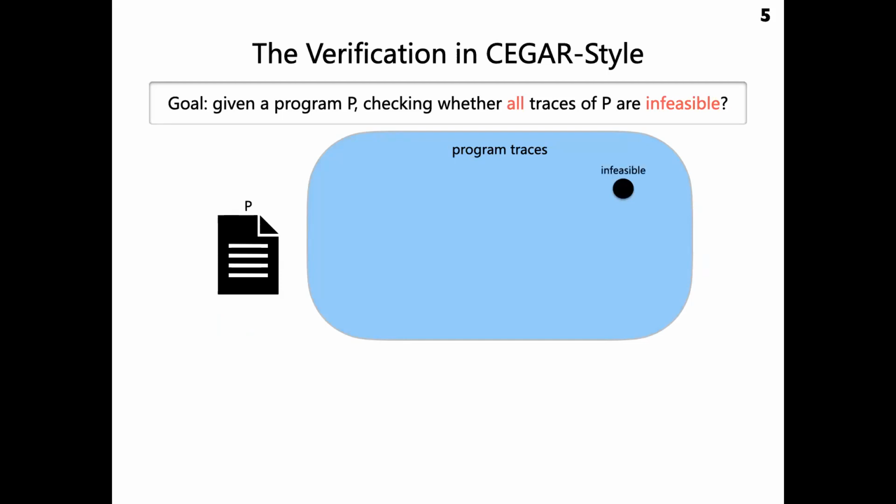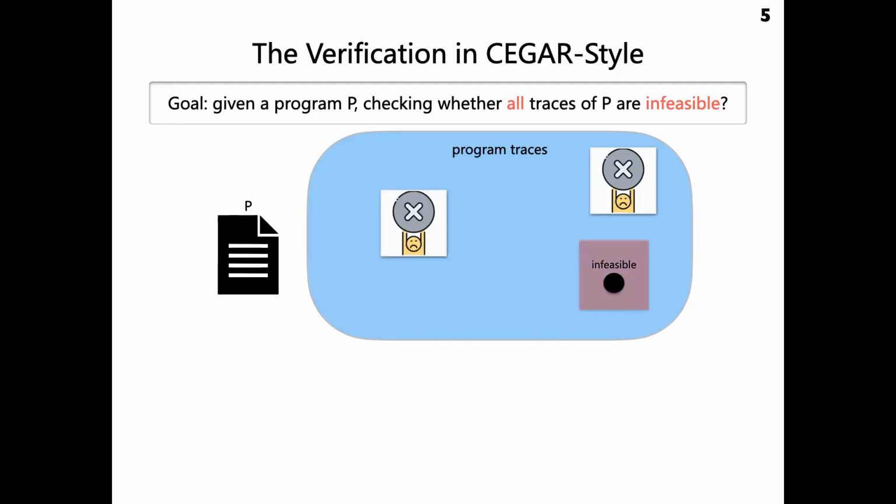If it is infeasible, then we can deduce a set of infeasible traces. Next time, we extract a trace outside of this area to check its feasibility. If it is infeasible again, we generalize and repeat this process until all program traces are covered. Then we can conclude the program is correct.